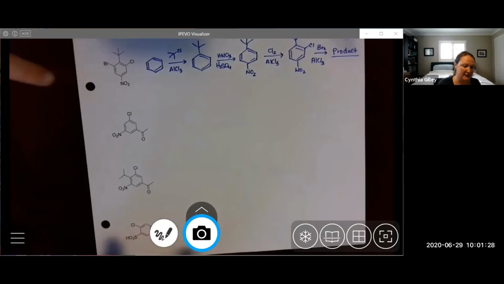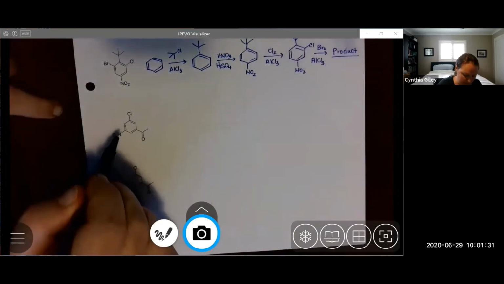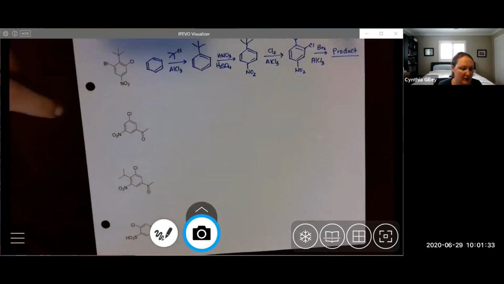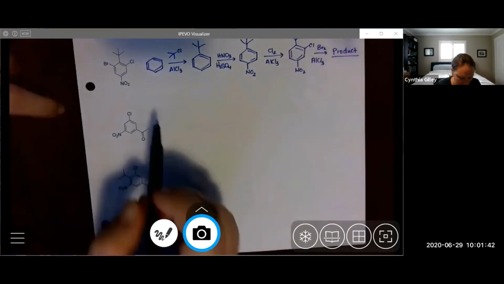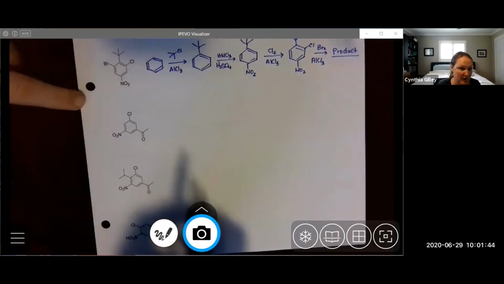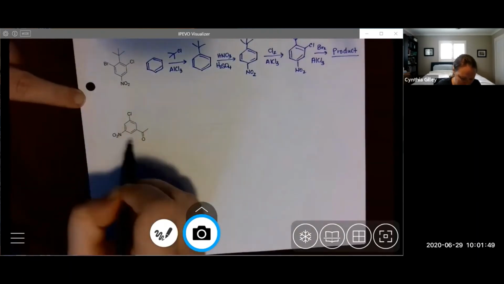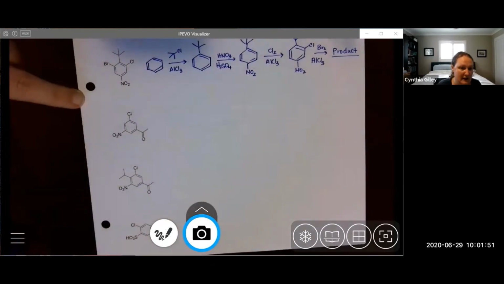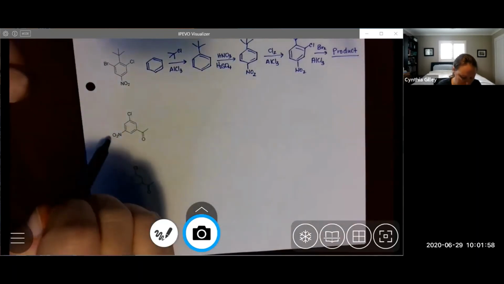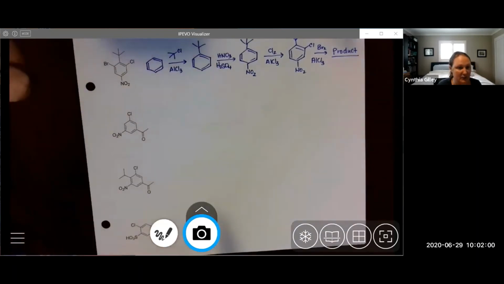So for the next one, we have these 3 groups, and they're all meta to each other. So we definitely want to avoid any ortho para directors because we'll have a problem directing to the right position. So I definitely don't want to put in the chlorine first. So instead, I might introduce either the nitro or the acyl group first. You have to be careful because if I introduce the nitro group first, I won't be able to introduce the acyl group second.